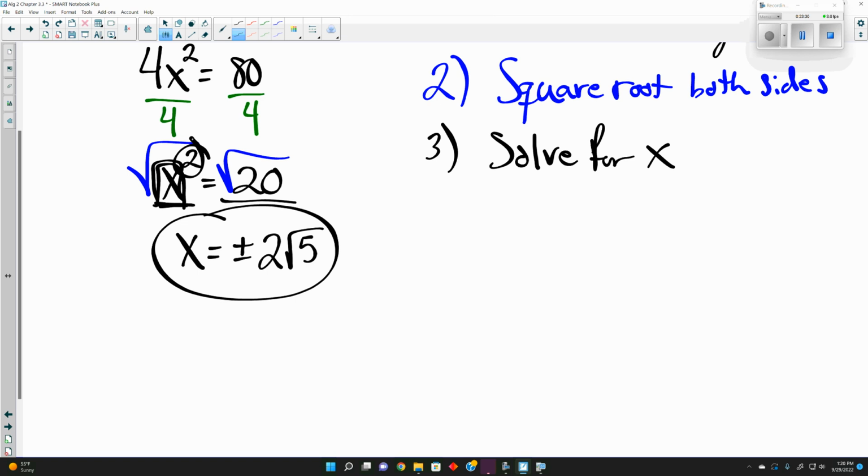If we're taking, say, the square root of x, well, the number inside that root has to be positive. So we don't have to add it when we go the other way. Yeah, so when we square root both sides, we have to add the plus or minus.